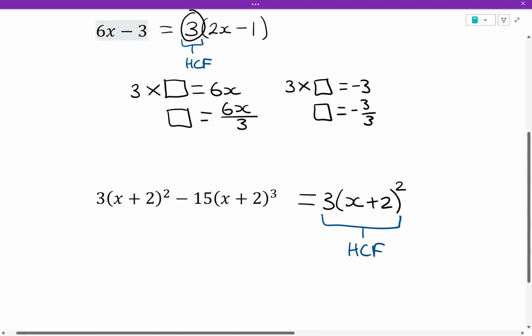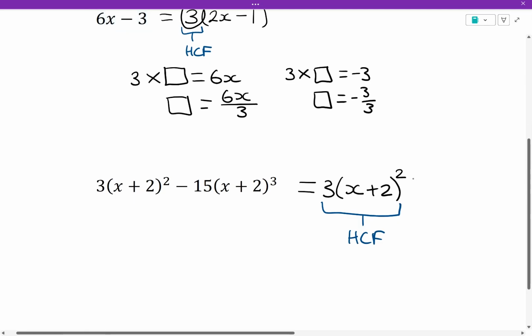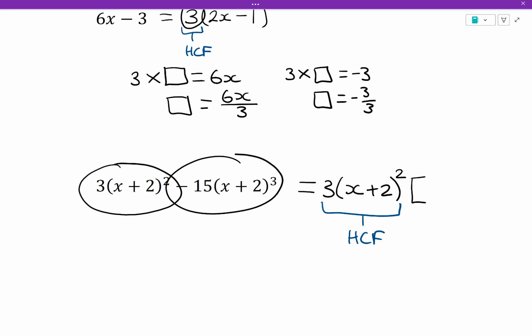Once we've got our highest common factor, we open our brackets. I'm just going to use square brackets because it's going to get a little bit cluttered, just to reduce confusion. What we're going to do is divide this term here and this term here by our highest common factor. I'm going to write out both of those calculations.